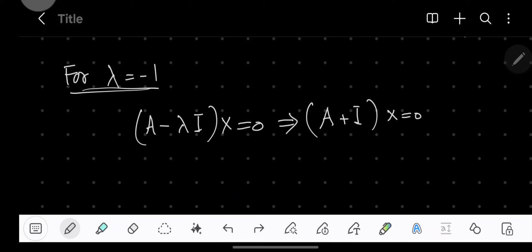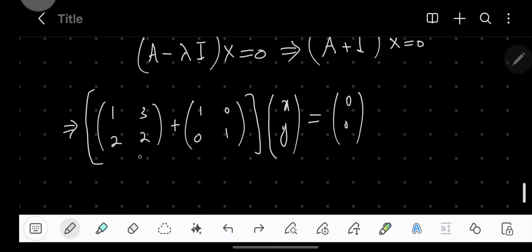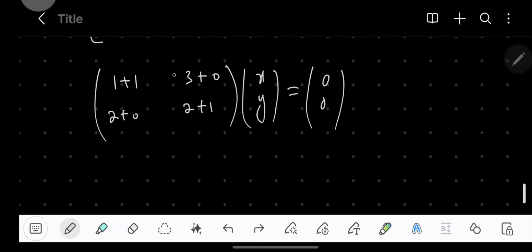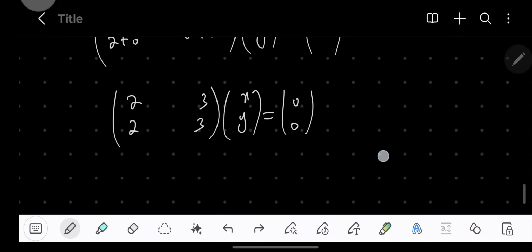So if I put lambda is equal to minus 1 inside, I will get A plus I times x is 0. If I put the values of A and I and add them, I will get this, and after simple calculations, we will get this value.